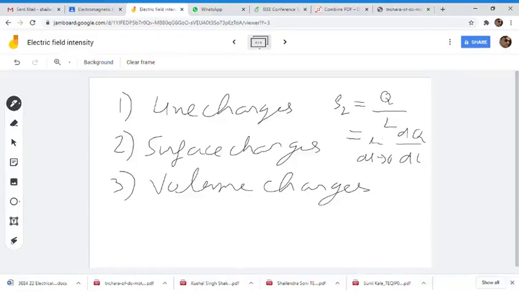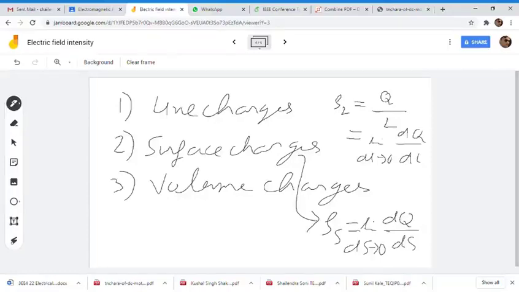Similarly you can write for the surface charge density. Your surface charge density will be rho s is equal to dq upon ds, limit ds tending to 0.